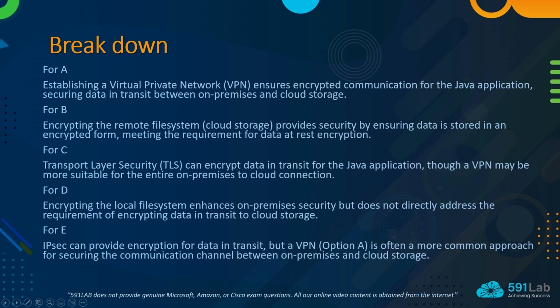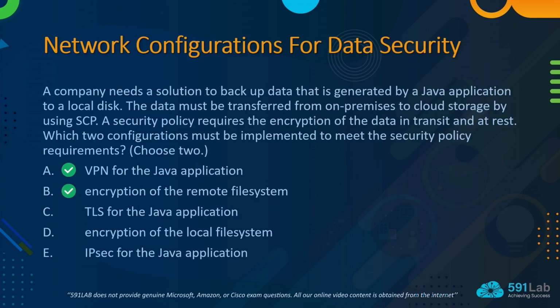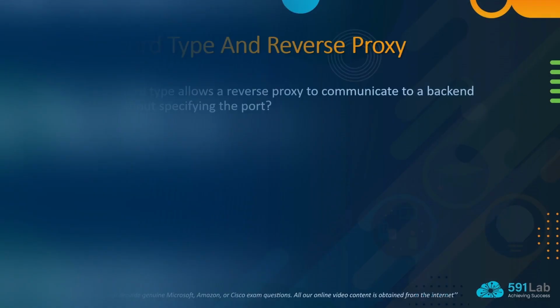For option E, IPsec is a suitable protocol that can be used to secure IP communication. It can provide encryption for data in transit. However, in this scenario, a VPN is a more common and suitable approach, I think, for establishing a secure communication channel. So the two correct answers are A and B.